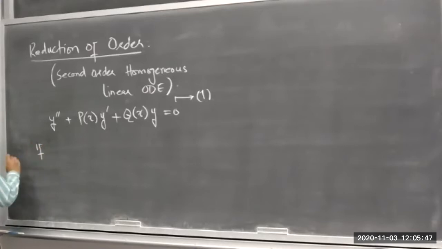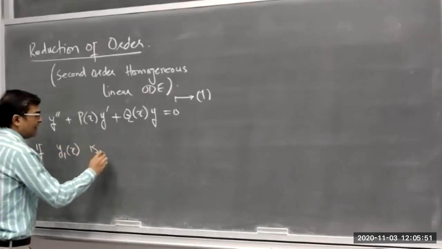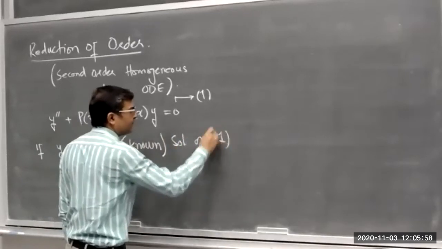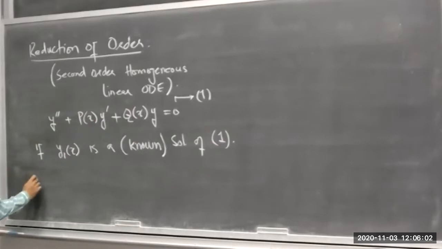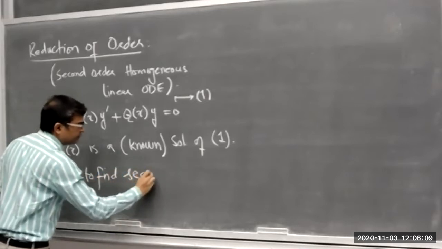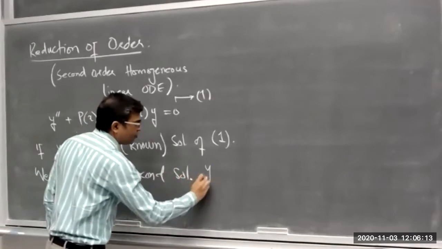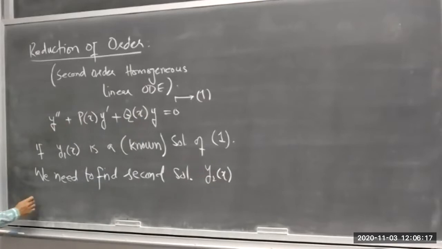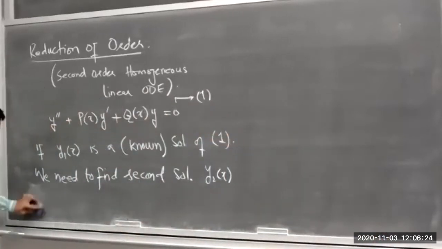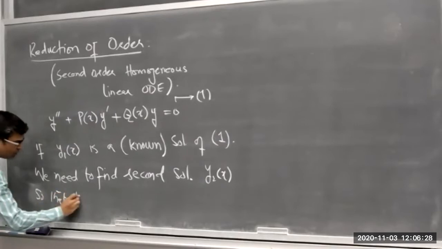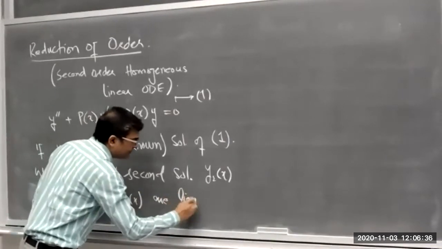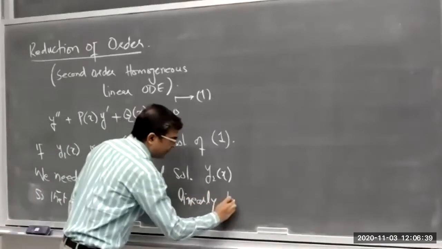If y1 of x is a known solution of equation 1, then we need to find a second solution, say y2 of x, which is linearly independent, so that y1 of x and y2 of x are linearly independent.